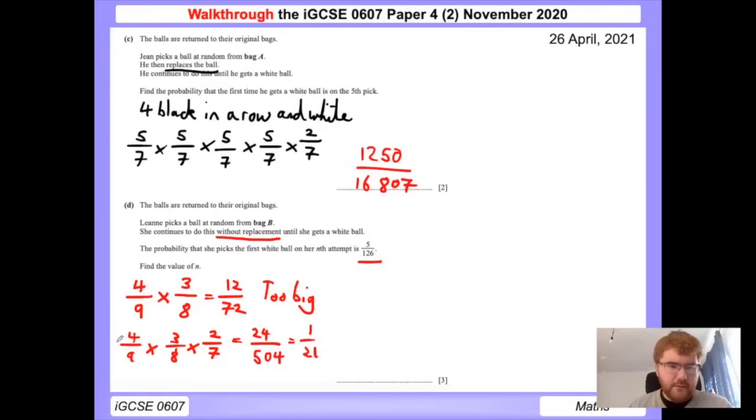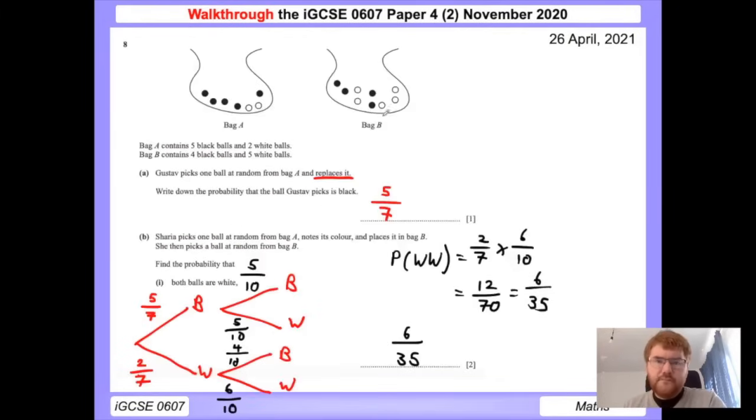So that's fine. But now we want to work out, okay, then we take this and then times it by the white ball. So say we've got 3 black in a row, we would then need to times by the probability of getting a white ball at this point. So at this point, we've then got 6 balls in the bag, and 1, 2, 3, 4, 5 of them are white.